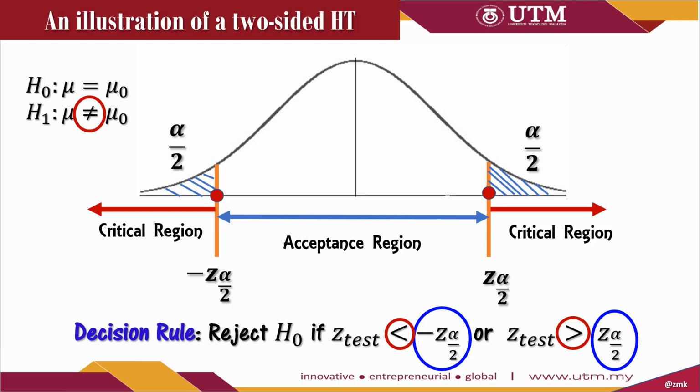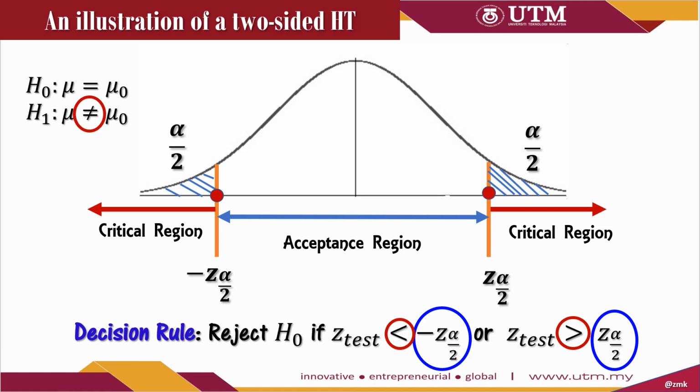If the calculated Z test is in any of the critical regions, that is, if Z test is smaller than negative Z alpha over 2, or if it's greater than Z alpha over 2, we will reject H0 in favor of H1 and conclude that the population mean mu is different from or not equal to mu naught.